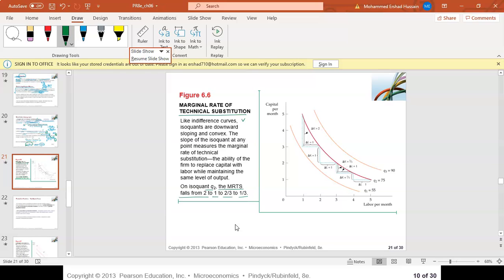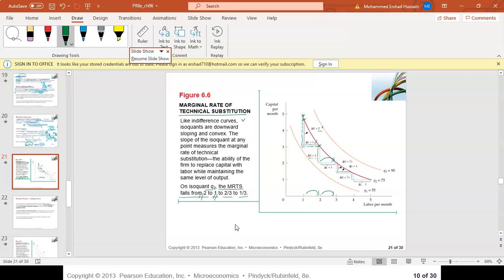When the person increases labor by 1 unit, to keep output fixed and stay on the same isoquant, capital has to decrease by 2 units. So change in capital is 2, change in labor is 1. When labor increases from 2 to 3, labor again increases by 1 unit, but now capital decreases by 1 unit.